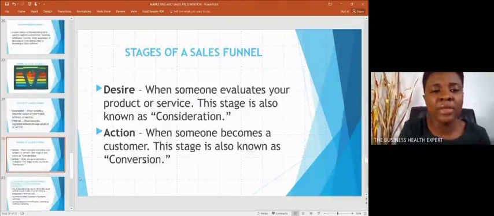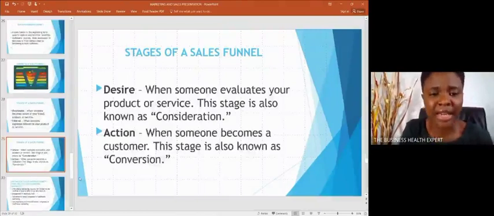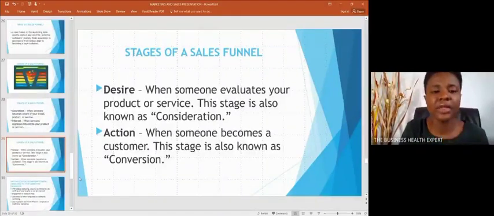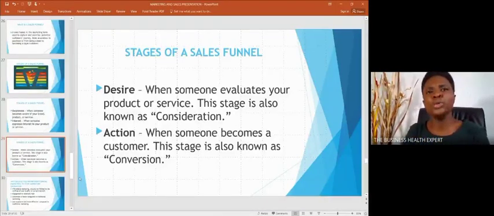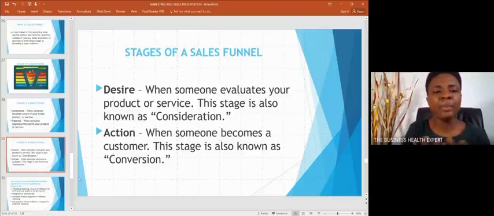Another stage, or the third stage, of a sales funnel or marketing funnel, however you want to call it, is when someone evaluates your product. They are considering your product. Yes, I've shown interest by saying, okay, the next time I go to the mall, I'm going to check them out. Now, the place of consideration or desire is I get to the mall and I look at the product.